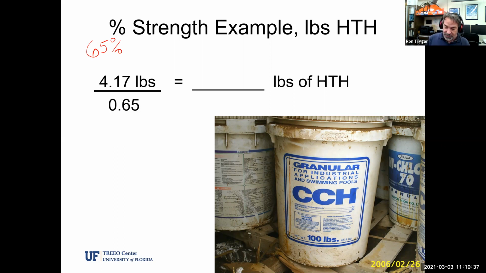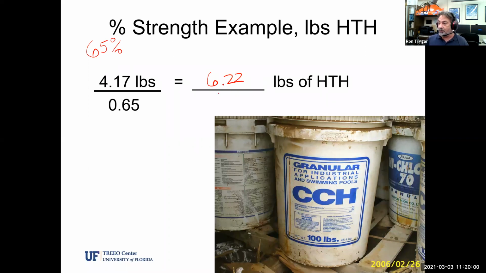So 4.17 divided by 0.65. And now I came up with 6.22 pounds of HTH. So that's how much HTH would be needed at 65% available chlorine to reach the 50 part per million dose.